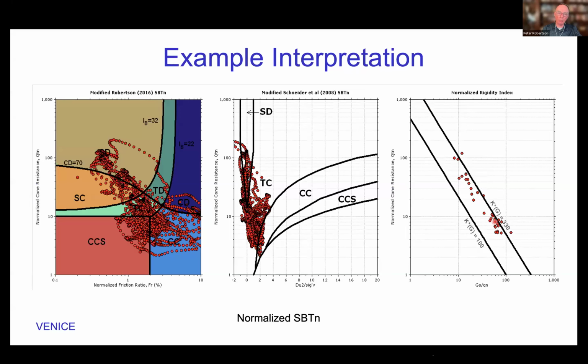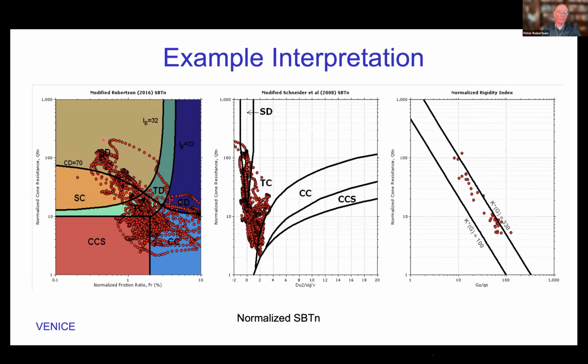But we know from lots of research on natural soils that most soils have a little bit of microstructure, not enough that it influences the interpretation or the behavior in any significant way. So a lot of our traditional interpretation methods still work reasonably well, but it does indicate that they're often a little bit stiffer than you think they are. But it falls within the bounds, so the interpretation should work pretty well.